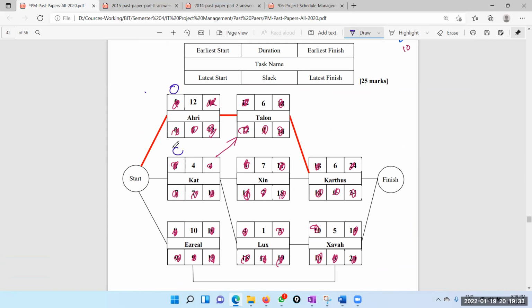Here also earliest start is 0. Here also earliest start is 0 because they are not depending on anything. So the task takes 12 days. So therefore, earliest start, earliest finish. Earliest finish is 12. It's very easy. Earliest finish is 4. Earliest finish is 10. So in the forward pass, we are only interested in earliest start and earliest finish.